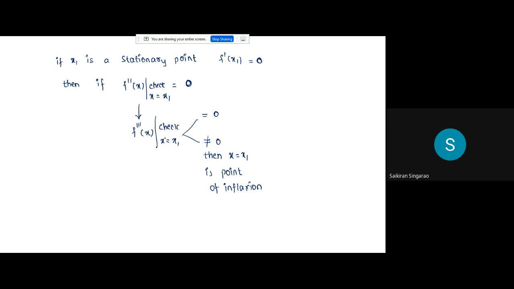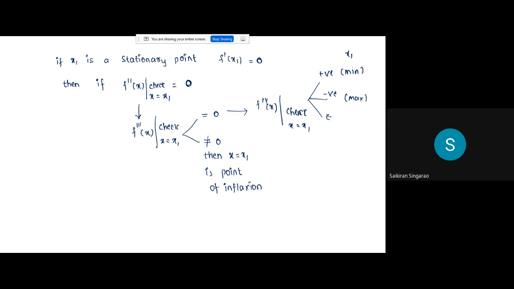Say if triple derivative, when you checked it got 0, then what you do? Then you do fourth derivative of x. Then you check at x equal to x1. Say if the fourth derivative is coming positive, you call x1 as minima. If it is coming negative, you call it as maxima.